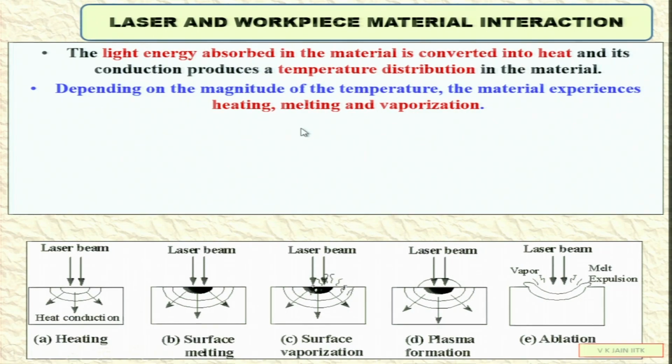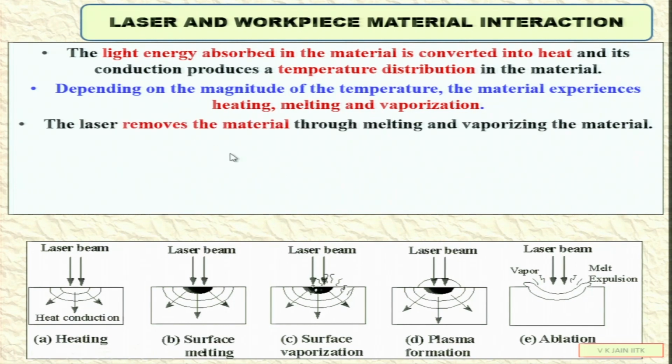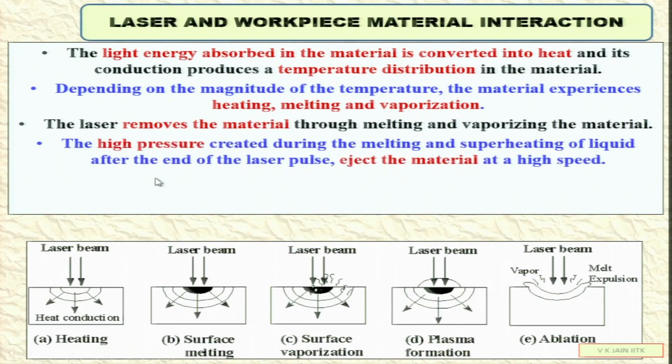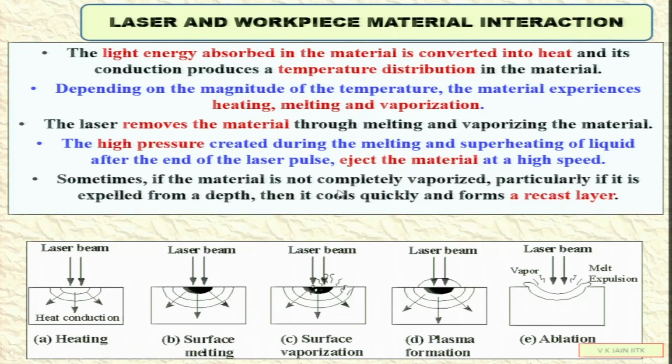I have already mentioned to you that melting and vaporization is the main mechanism of removal of material, but in some cases it can directly vaporize the material. The laser removes the material through melting and vaporizing. The high pressure created during the melting and superheating of liquid after the end of the laser pulse ejects the material at a high speed.